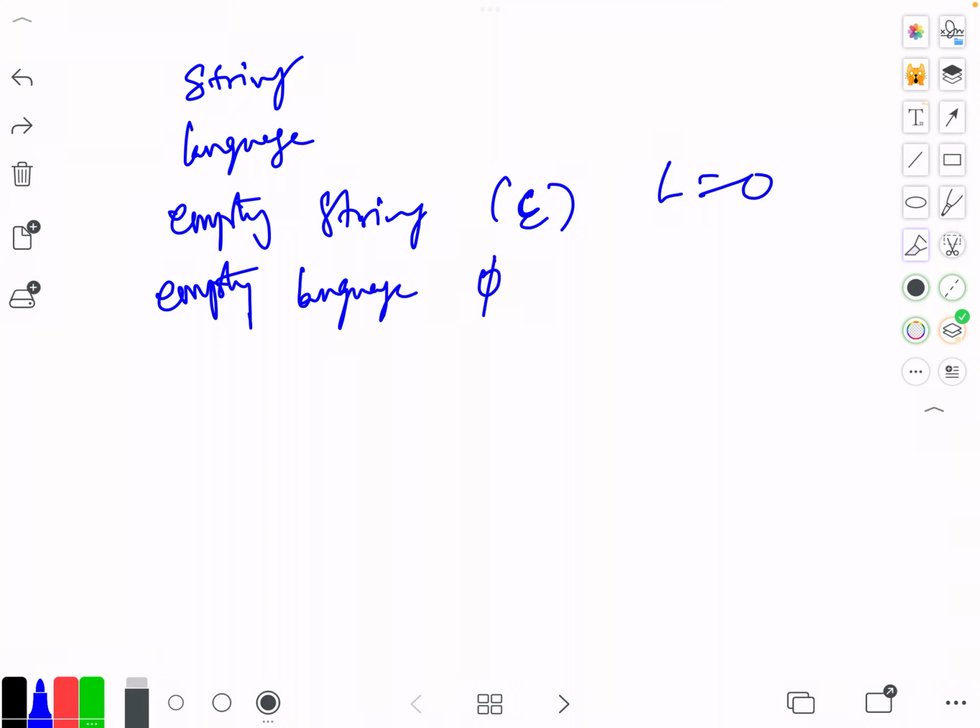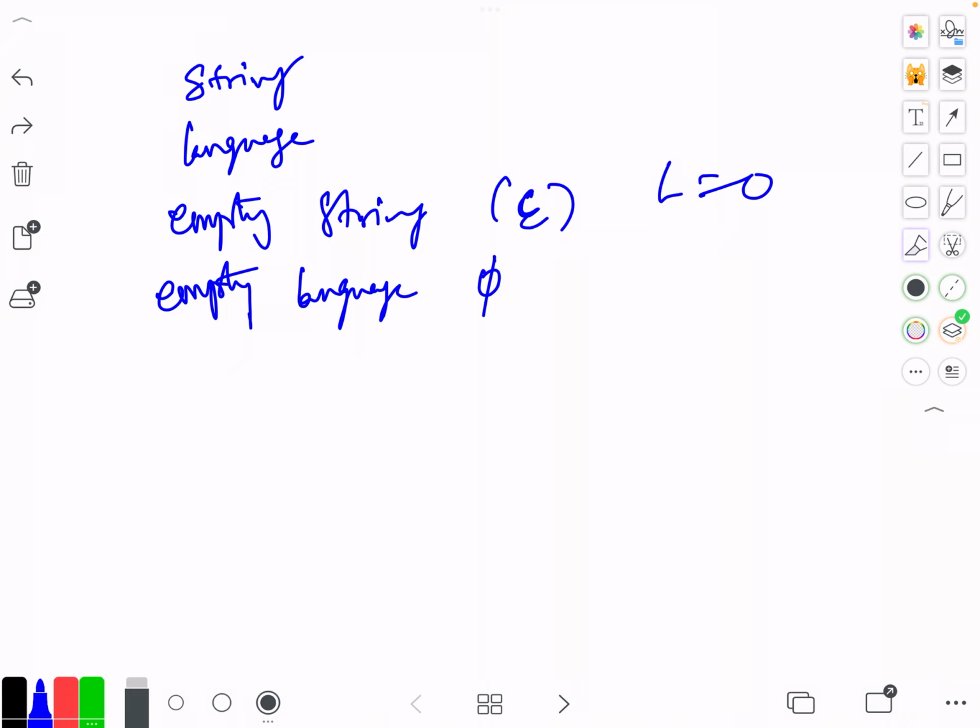It's nothing but a set with no strings, obviously. That is the difference between a string and a language over here.